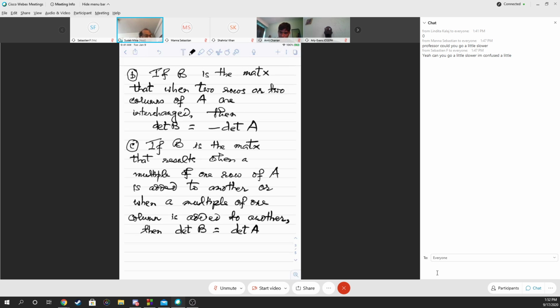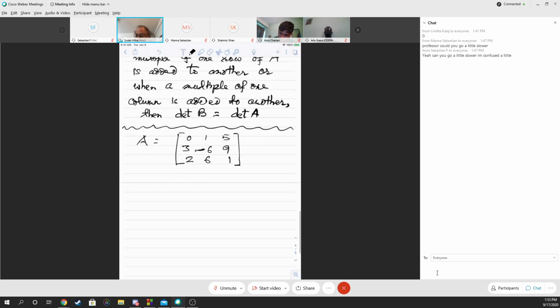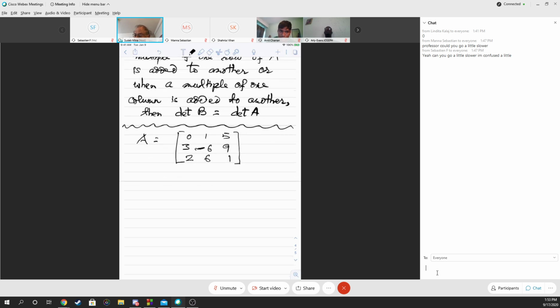So I want to show you a very simple example. We know how to do this, right? But let's do it. A is the matrix 0, 1, 5, 3, minus 6, 9, 2, 6, 1. Now, we can do many things. We can find its determinant by using a cofactor expansion.